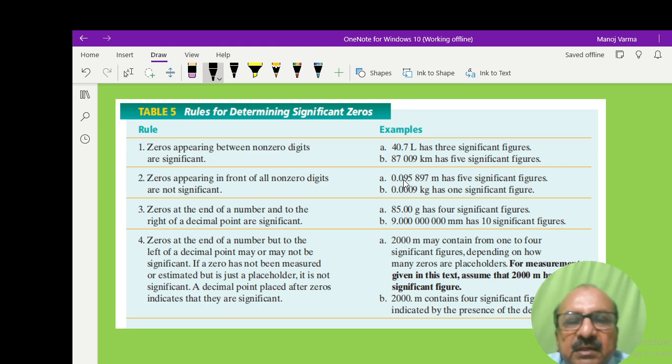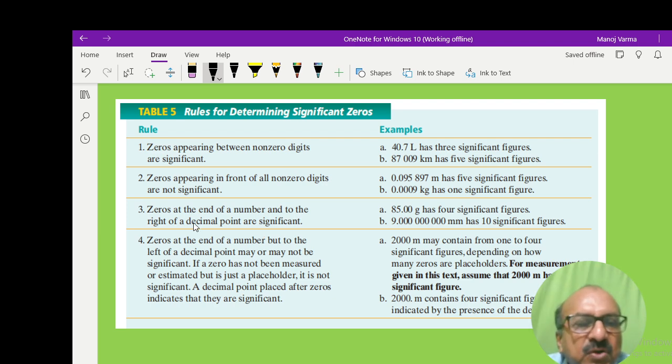So here the number of significant figures is 1, 2, 3, 4 and 5, and you will not include these two zeros. Similarly, you will not include all these zeros because they are appearing in front of a non-zero digit, and therefore this measurement has only one significant figure.